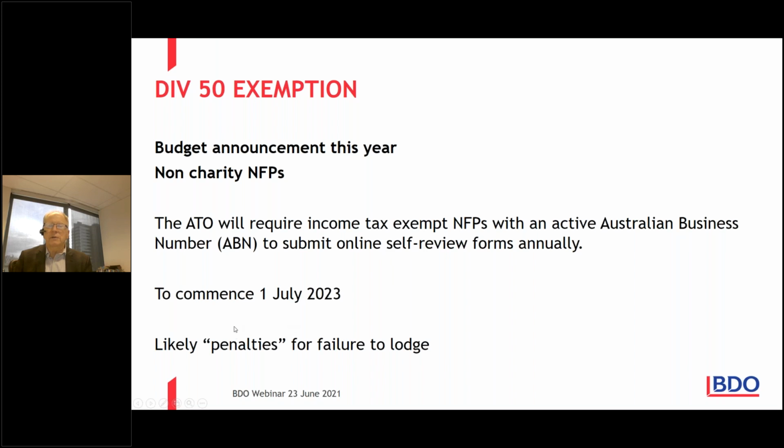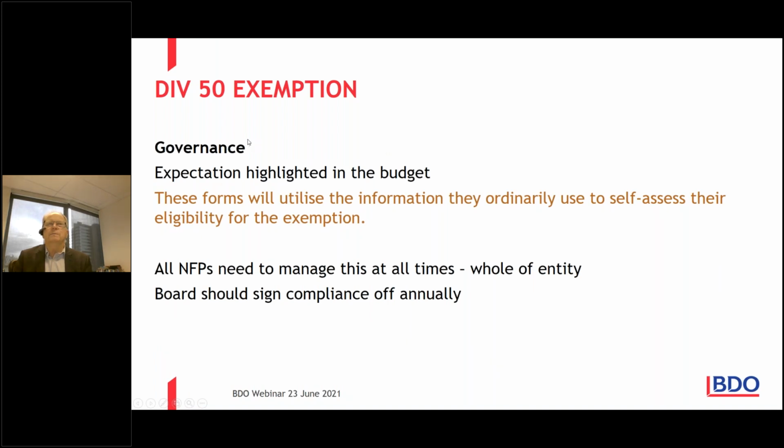So there's an interesting commentary from the ATO for the Division 50 organisations, in that document released as part of the budget statement, the terminology used there, which was on that screen in the brown: these forms would utilise the information they ordinarily use to self-assess their eligibility.